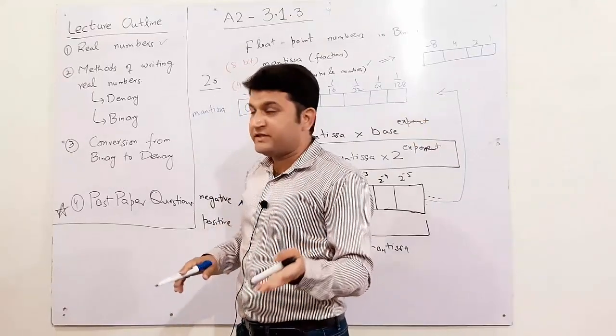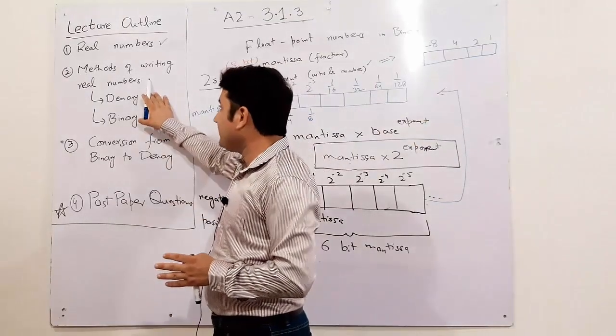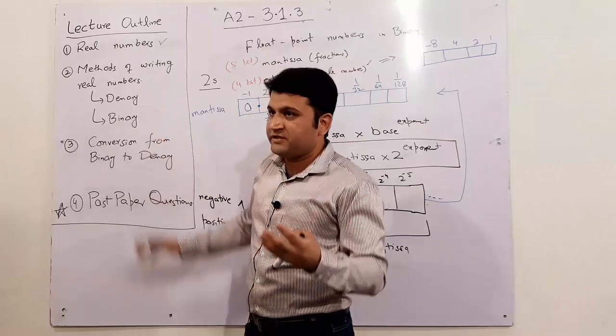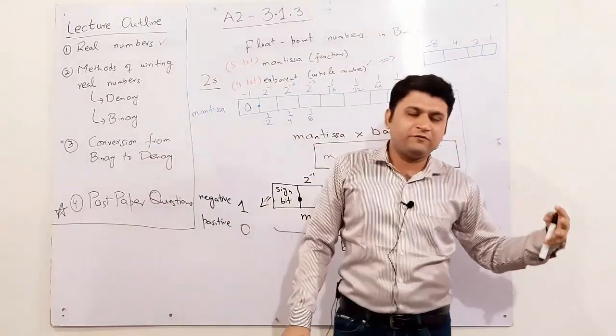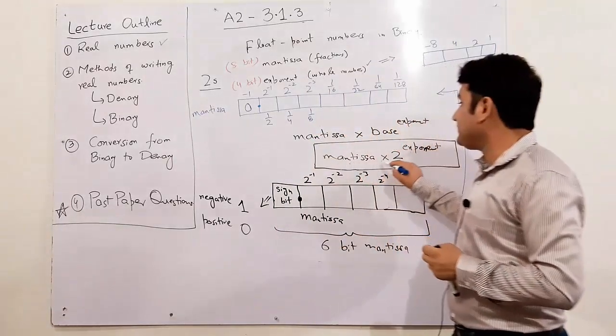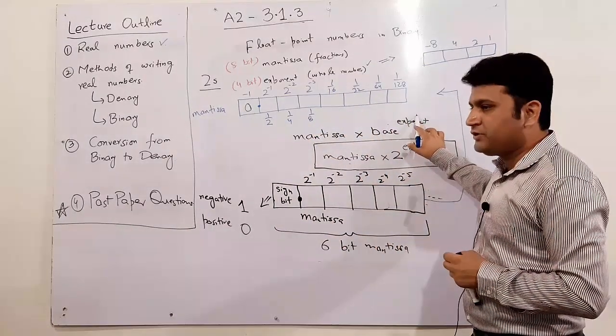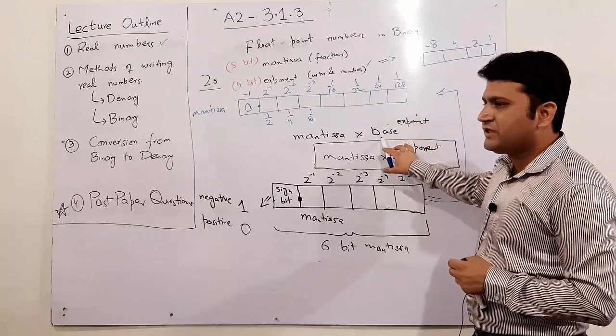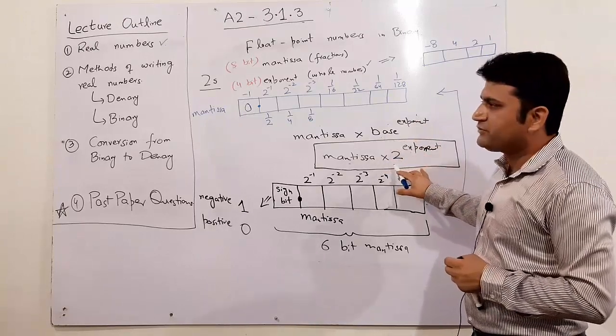And the next point we considered is studying how we can write the real numbers in both denary and binary form. And this was what we did when we wrote this formula, that is Mantissa times base to the power exponent. For denary, this base becomes 10. For binary, this base becomes 2.